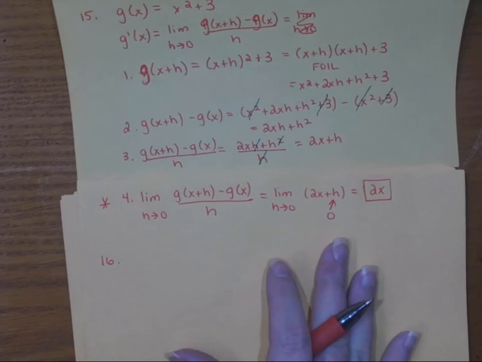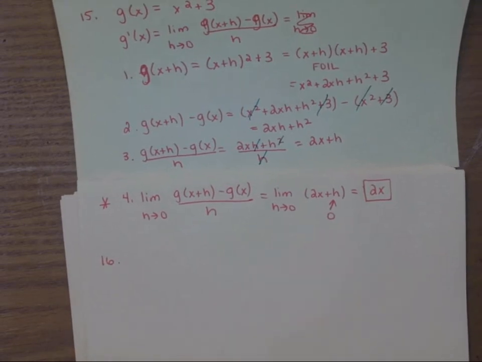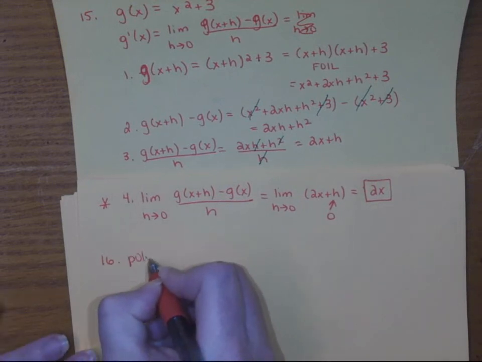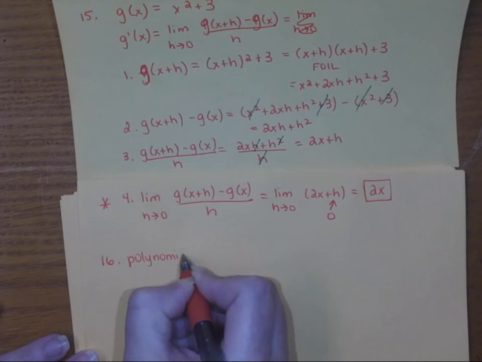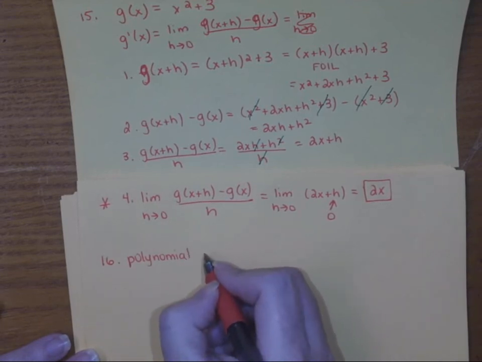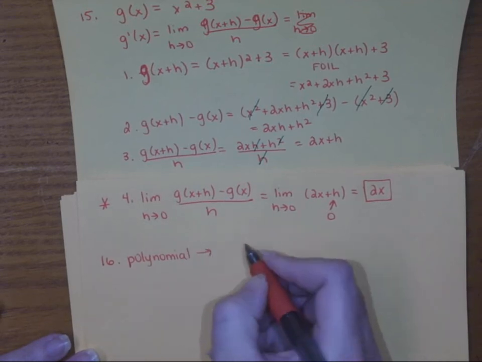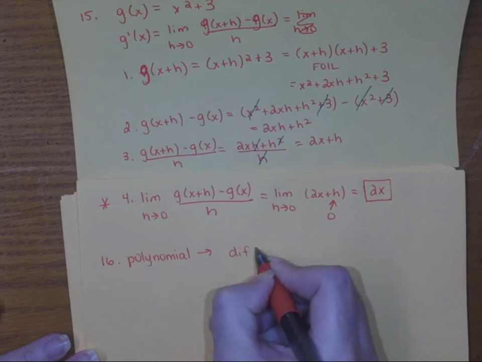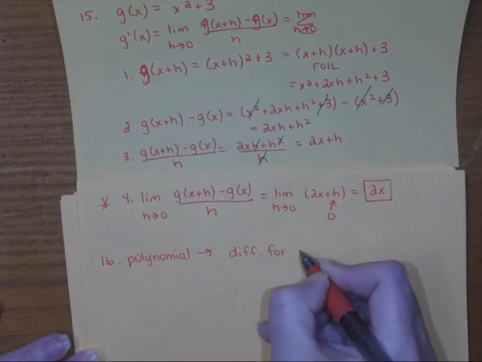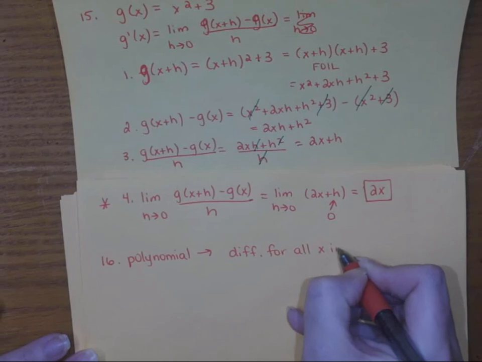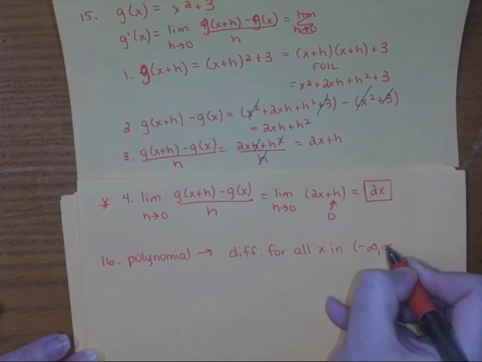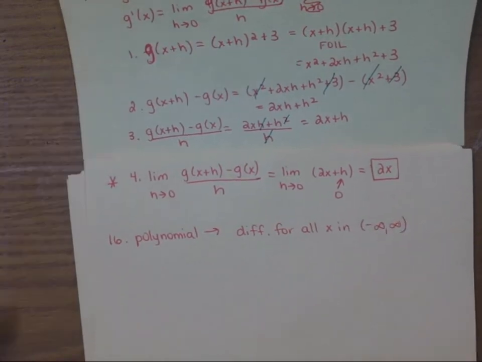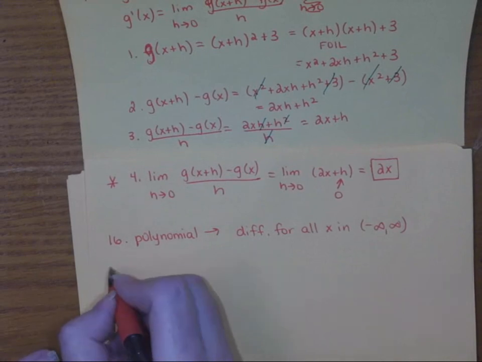All right, number 16, identify the values for which the function is differentiable. Use interval notation, okay? So in number 16, if it's a polynomial, much like whether it's continuous or not, it's just going to be differentiable for all. So I'm going to say for all x from negative infinity to infinity.